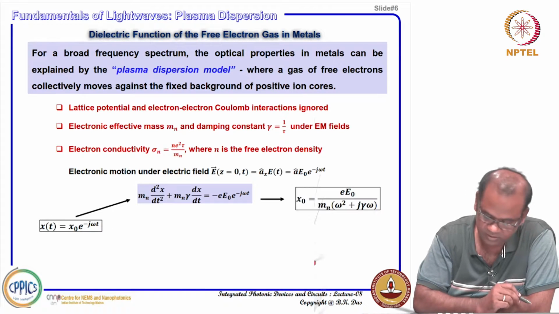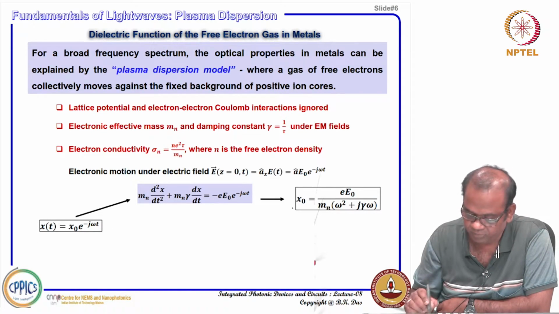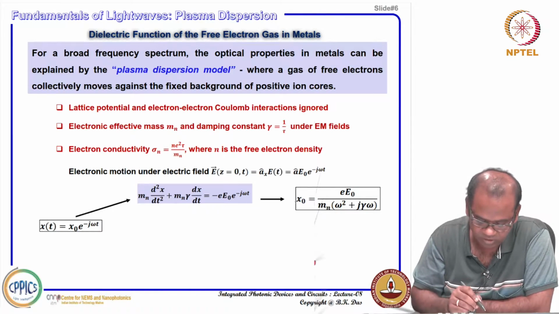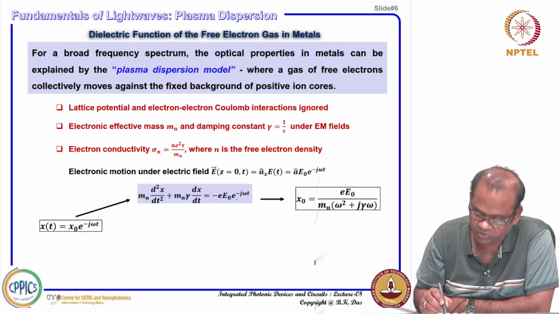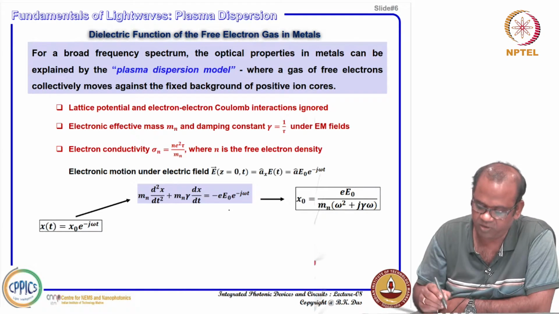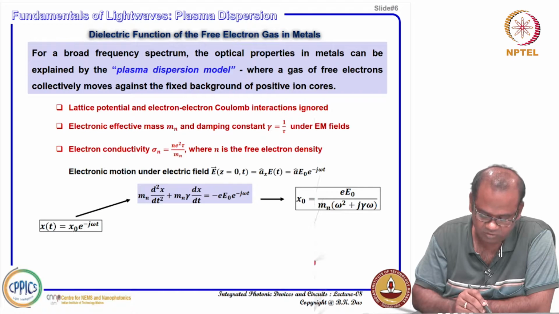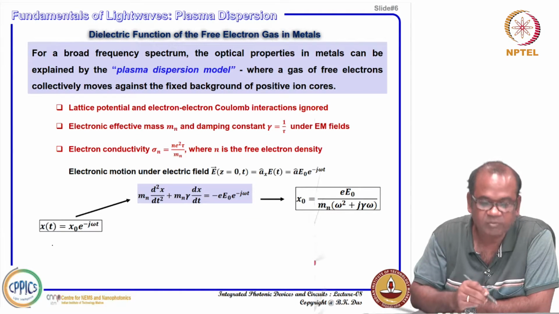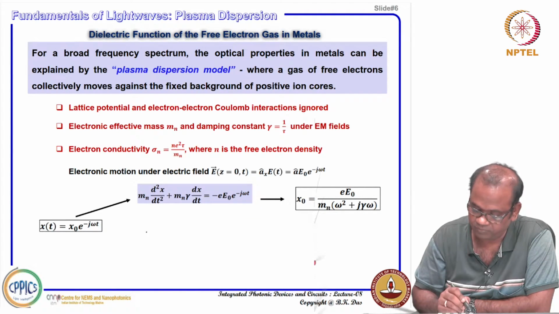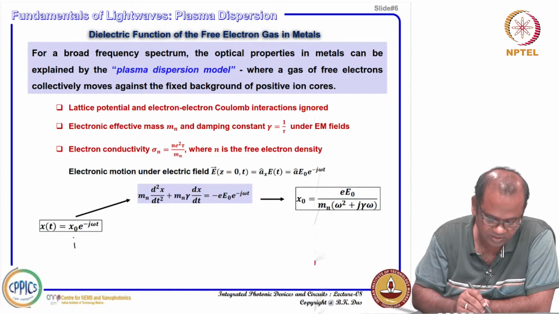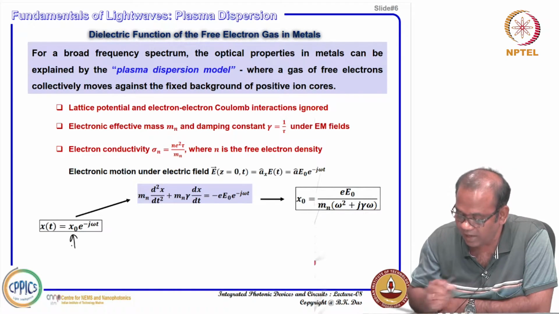After substituting, you can find the value of x0, because we have assumed that the electric field, when in motion, has this time dependence, and in this case x0 can be complex.